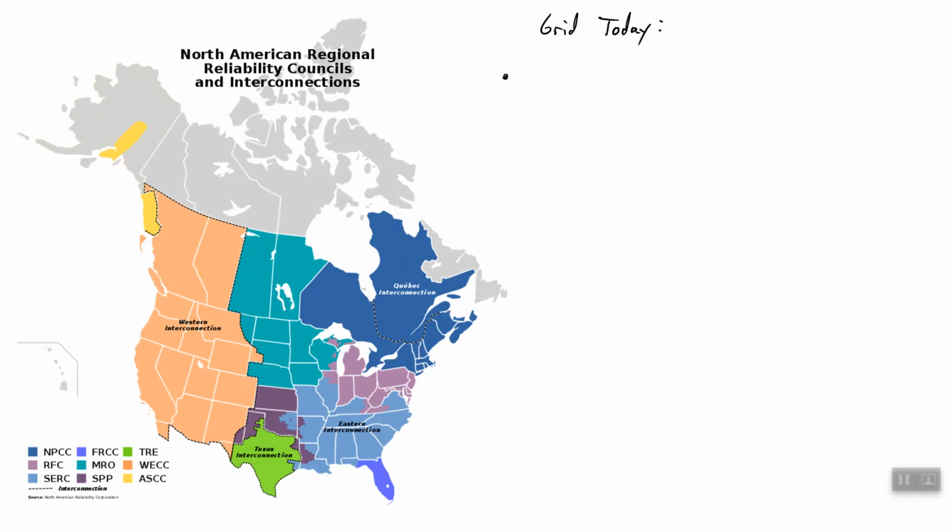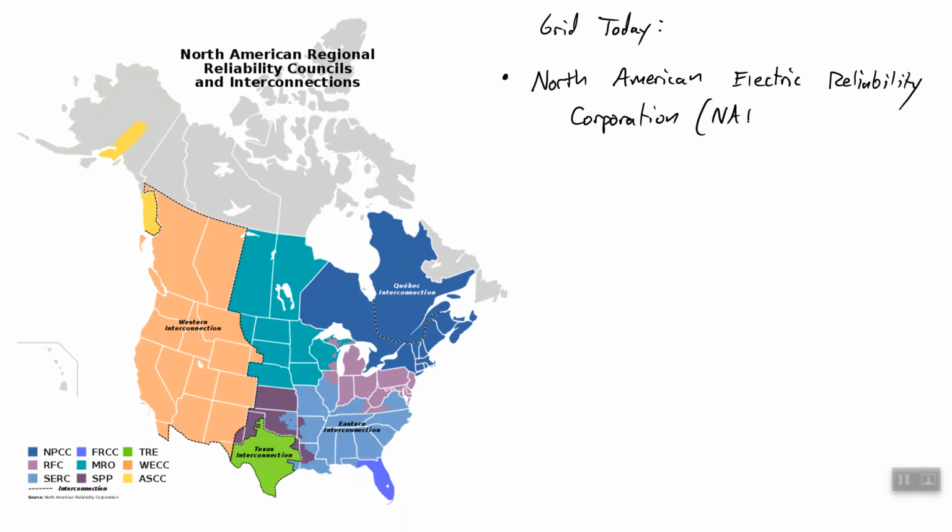Okay, so the grid today is an interesting animal. It is essentially regulated by the government, who has given permission to a nonprofit named the North American Electric Reliability Corporation, or NERC.